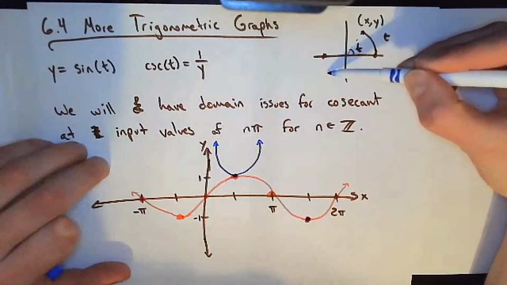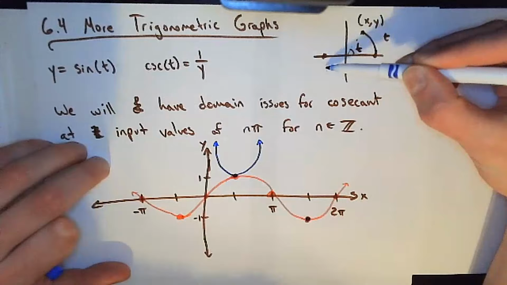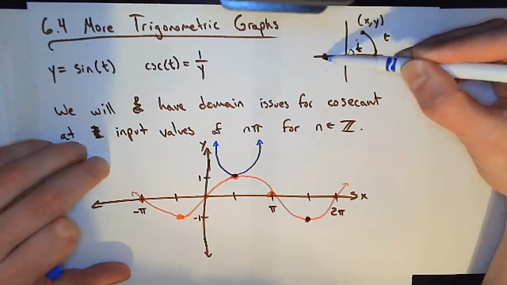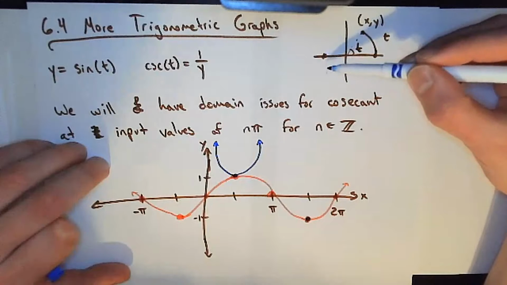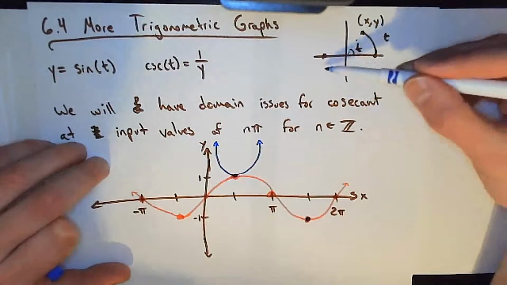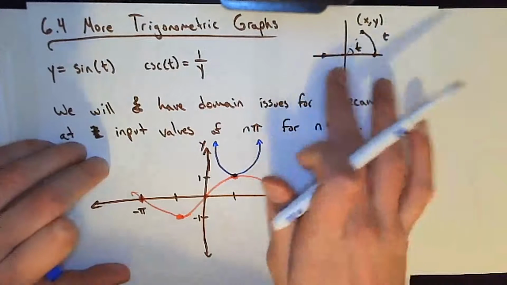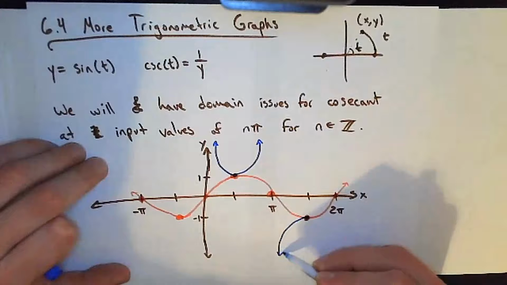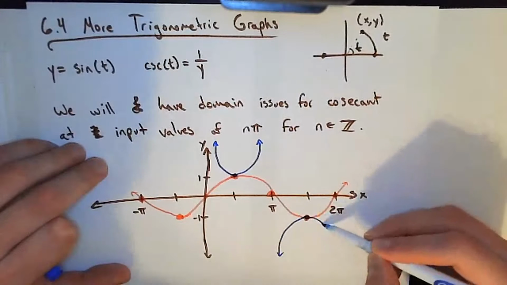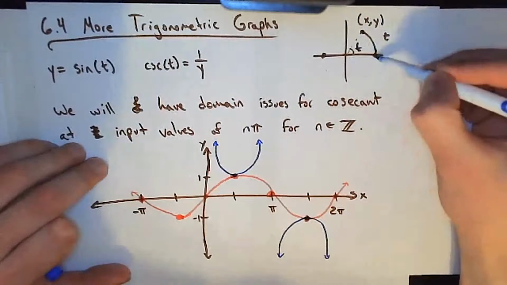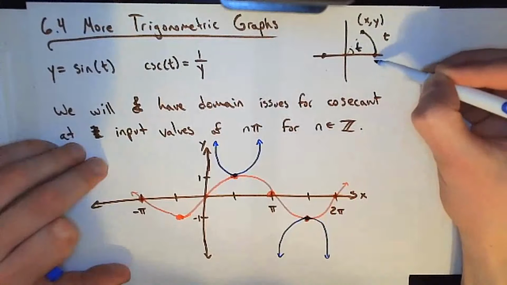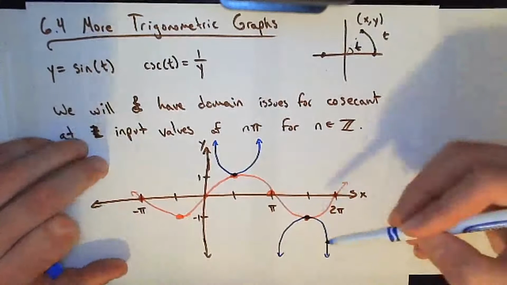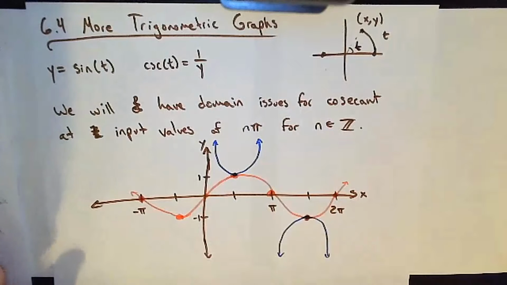So imagine a t value here and getting very, very close to pi, an output of 0. It's still going to explode to infinity, but now things are negative, right? The y value, when you're down here, is negative. So it's going to explode to negative infinity. Same thing's going to happen on the opposite side when you try to get close to 2 pi. It's exploding off to infinity, but everything is negative, so it's looking like this.